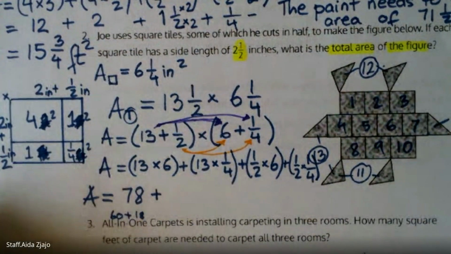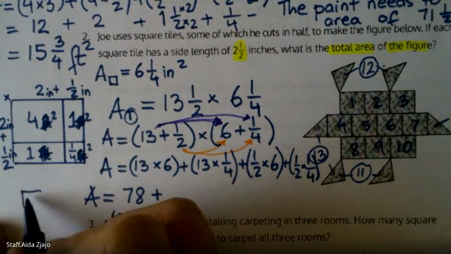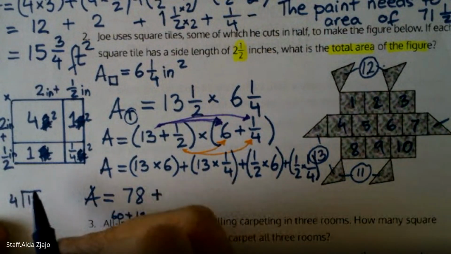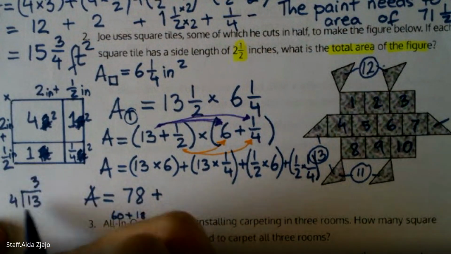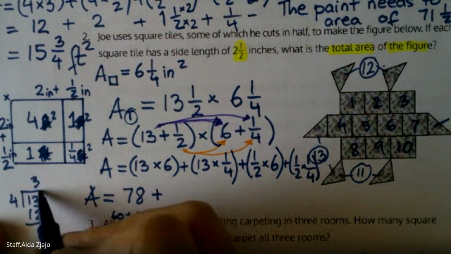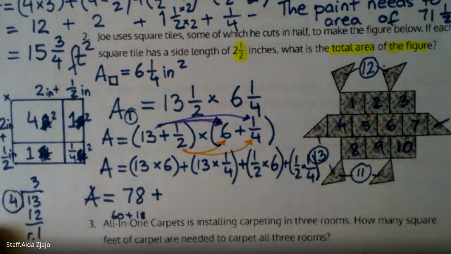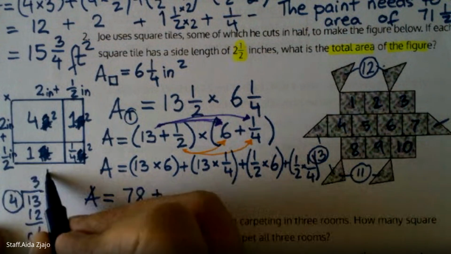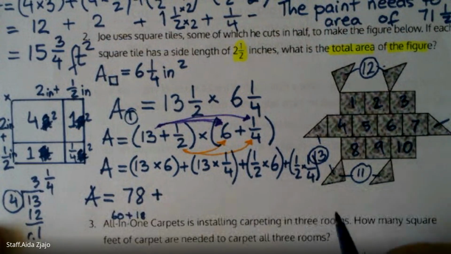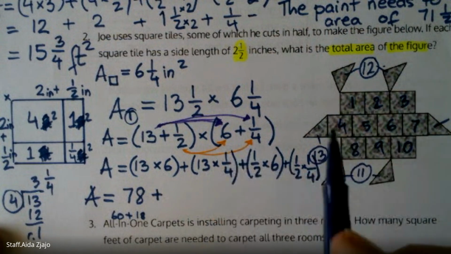If I go on the side and divide 13 by 4, how many 4s are in 13? There are 3. 3 times 4 is 12. I have one left over, but that remainder is 1 out of 4 because the group is 4. So it would be 3 and 1/4 left. That's one strategy for doing 13 fourths.